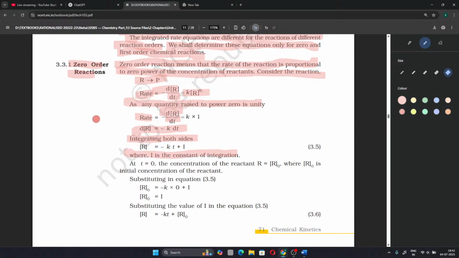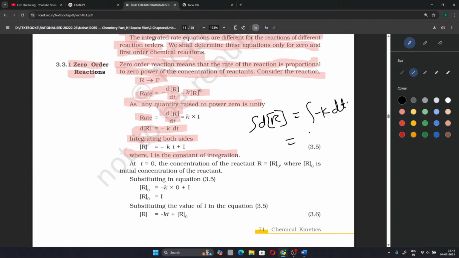So basically they integrated both the sides. d[R] equals minus k dt, and we know that k is a constant, so we get minus kt plus I, where I is the constant of integration.